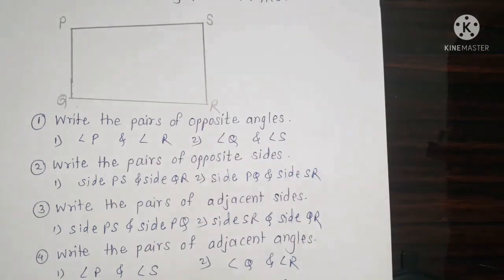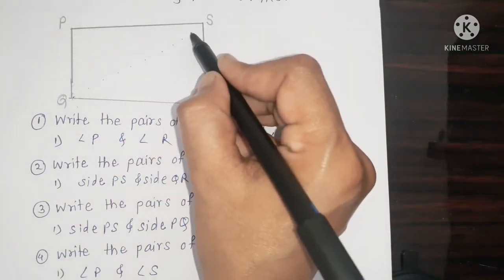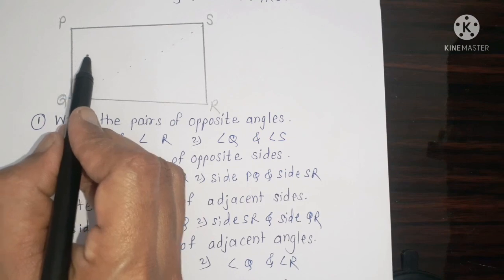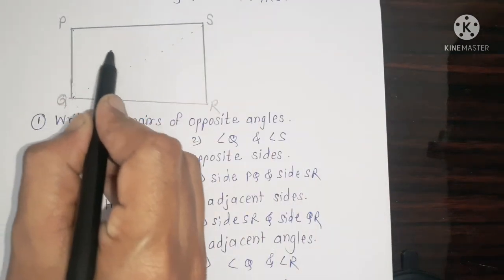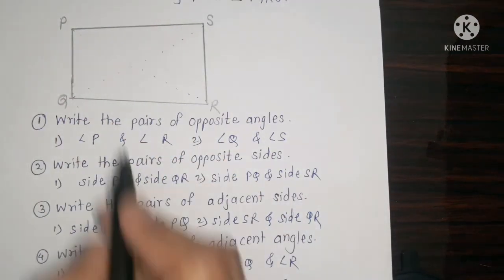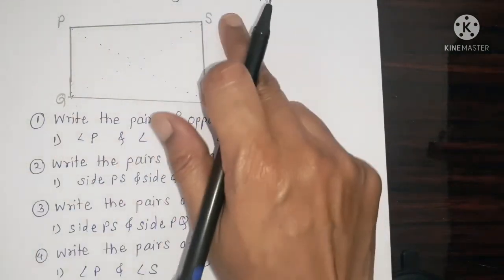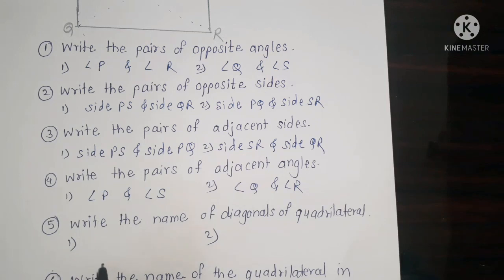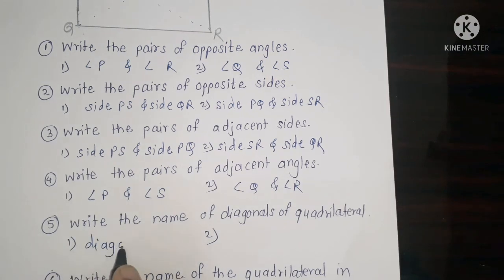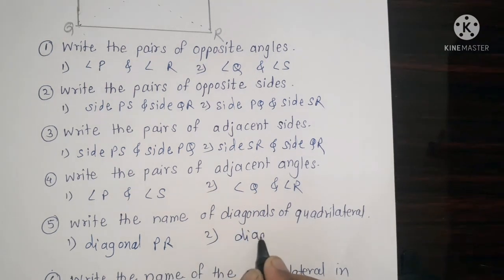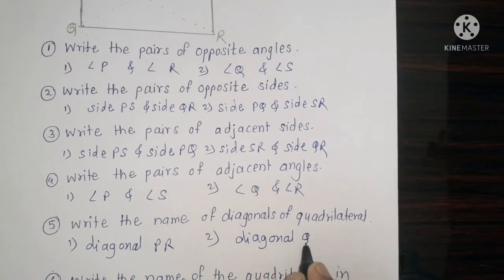Opposite angles Q and S: when we join these opposite angles by a line segment, we get a diagonal. Diagonal PR, diagonal QS.